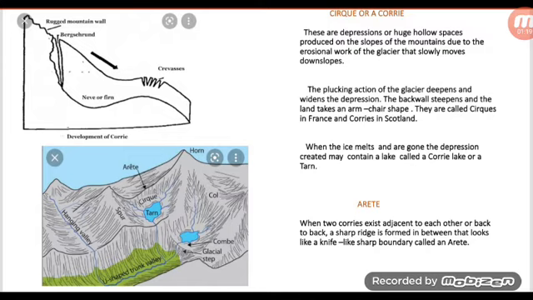These are observed only after the glacier has melted and gone. The plucking action of the glacier deepens and widens the depression. The back wall steepens and the land takes an armchair shape. These are called cirques in France, and the same things are called corries in Scotland.